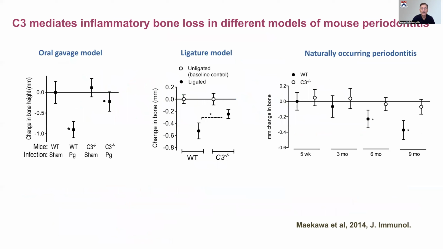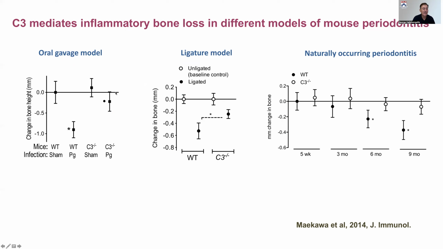But of course, we needed to get proof of concept for this. And initially, we worked in mice, and we used C3 deficient mice. And regardless of the model we used of periodontal disease, we saw that C3 deficient mice are protected against periodontal disease. In the oral gavage model, the mice are inoculated with human periodontal pathogens.